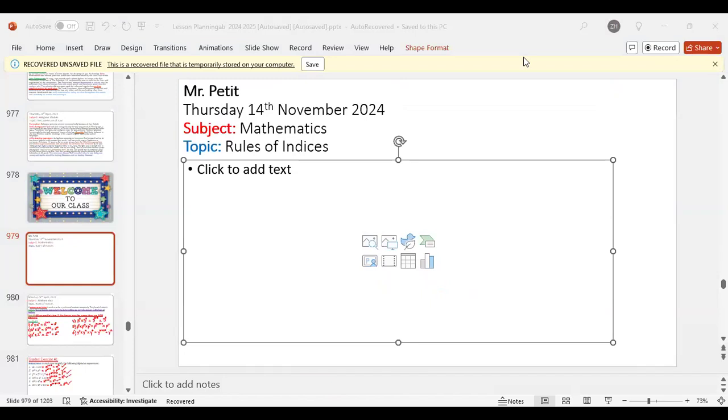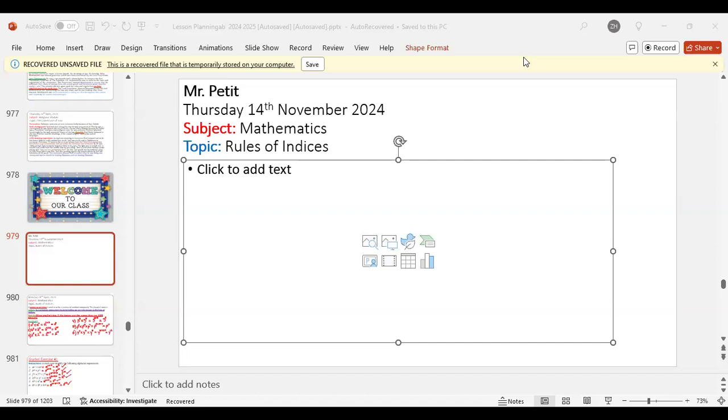Exponents mean when you multiply a number by itself a certain number of times. Exponents and indices are the same thing. So when we say rules of indices, that's what we're talking about, exponents.